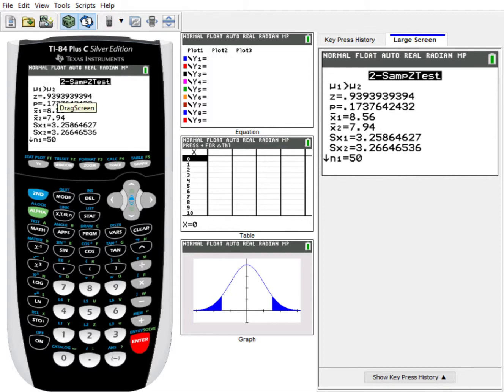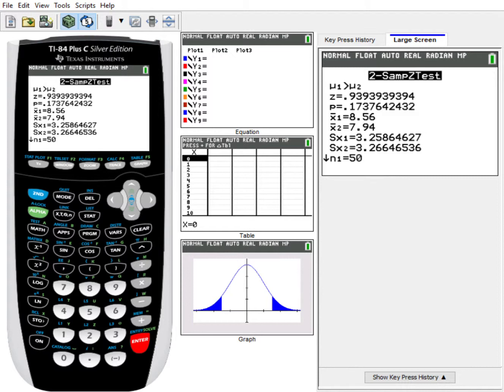Notice that the z-score that we got is off in the first decimal place. It rounds correctly only to one significant digit. That means that they have done a lot of rounding on the way to this answer in the book.